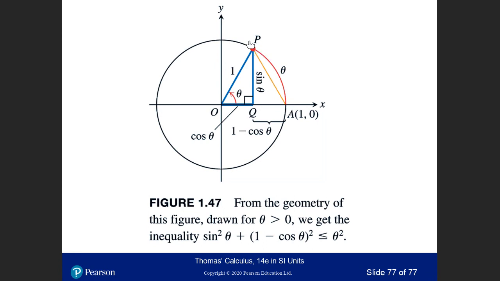And it's obvious that this arc length theta is greater than that. So that's immediately one inequality between trigonometric functions: sine square theta plus 1 minus cosine theta square is less than theta square. Let's continue.